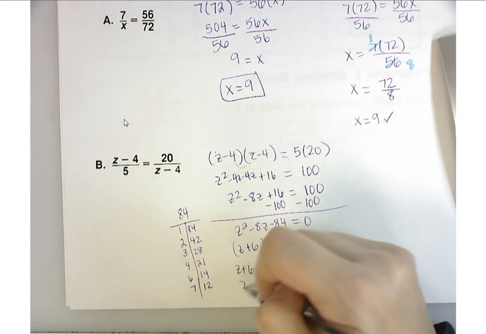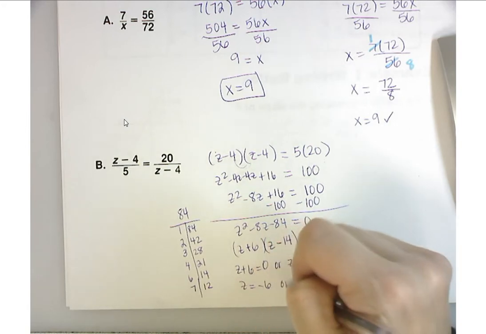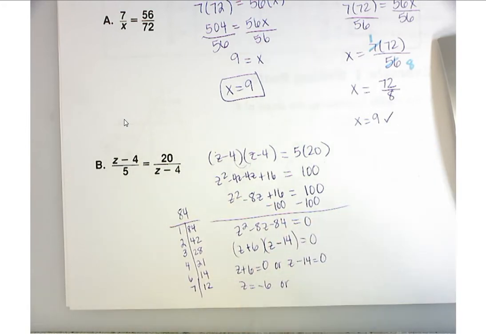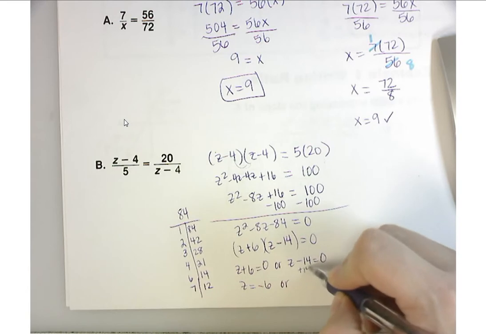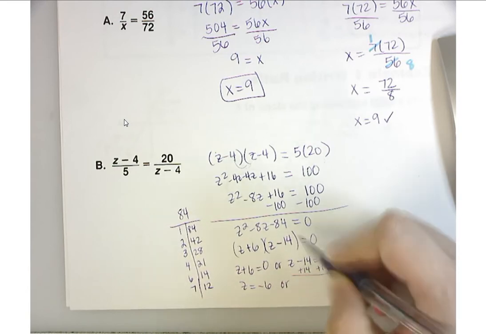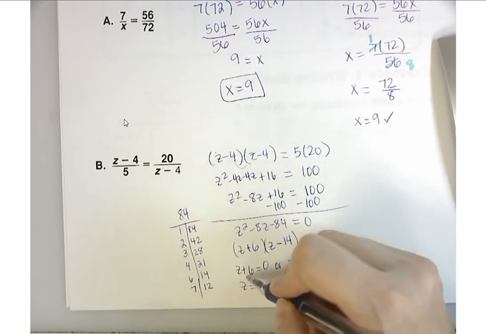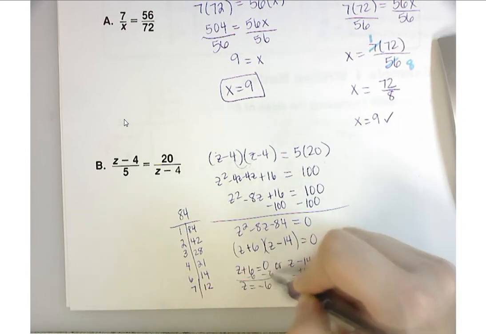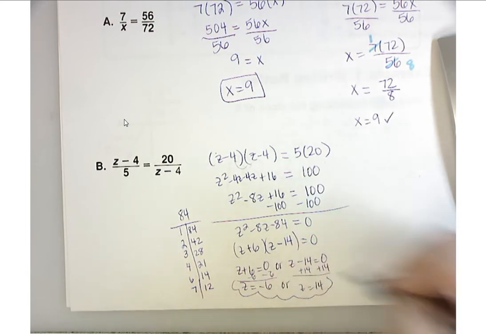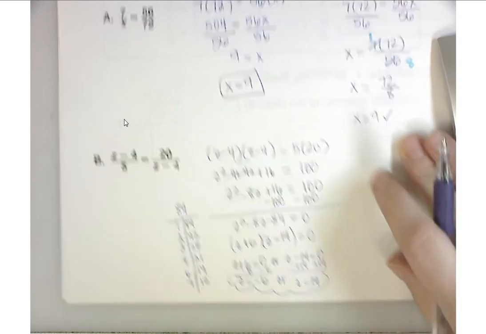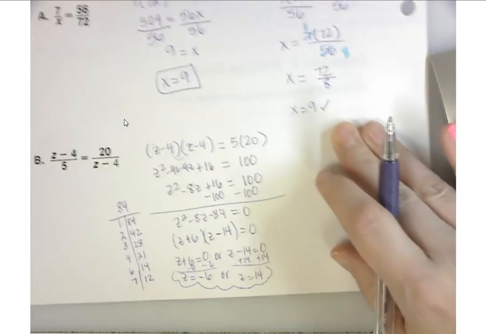So then I'm just going to solve each one for z. So here I'd subtract 6 from both sides. Here I'd add 14 to both sides. Do you guys remember doing some of this in Algebra 1? Okay, so those are going to be your two answers.